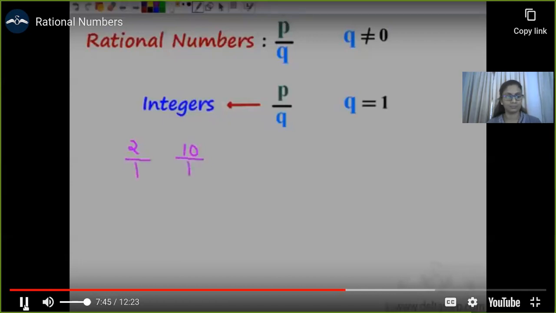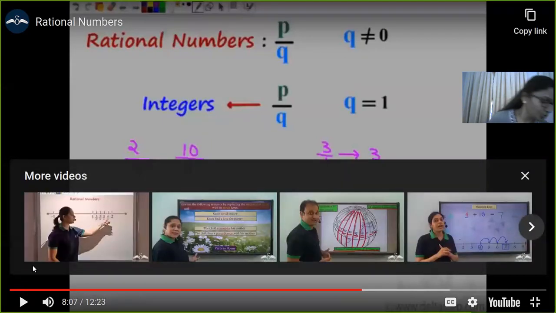If I make the denominator 1, I can write this integer 2 as a fraction: 2 by 1, 10 by 1. So any integer can be written as a fraction. Similarly, any fraction with the base 1 would turn out to be an integer, which is 3.